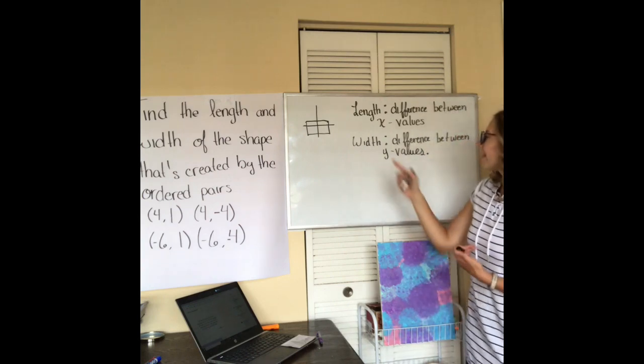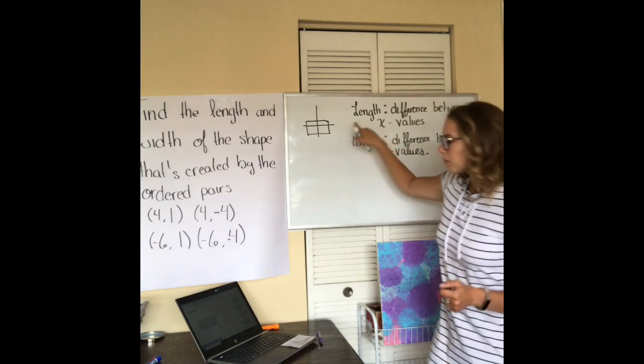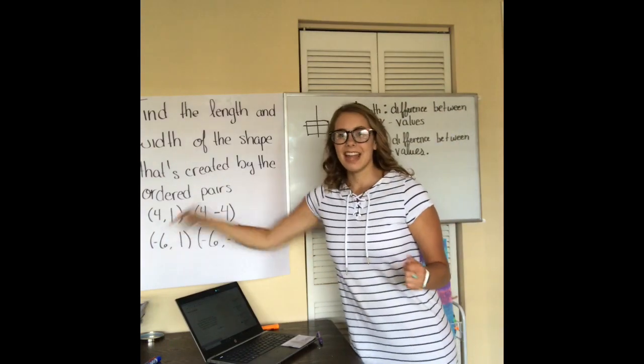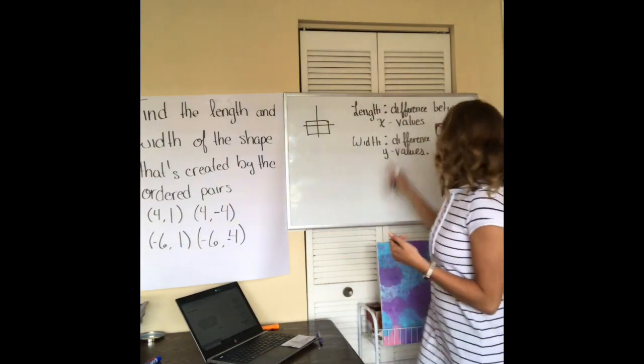So therefore, my length is going to be the difference between 4 and negative 6, because those are my x values.